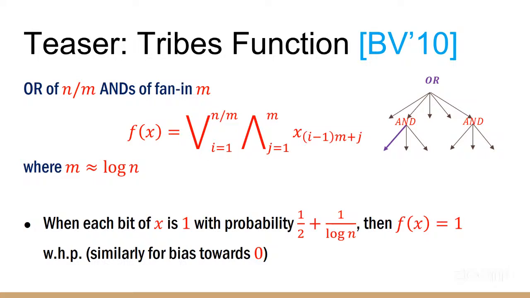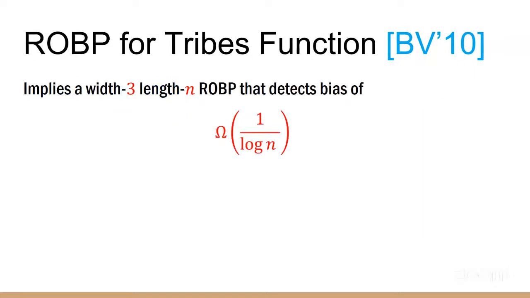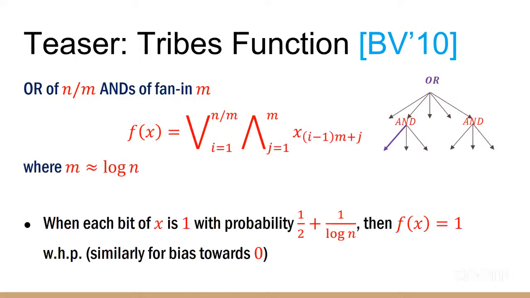That is, I'm giving you input bits with bias 1 by log n towards 1, and you're getting an output that is biased with constant bias towards 1. With this amplification property, you can also show that it can detect biases of 1 by log n. That means that if it was biased towards 0 with this probability, then it will give you output 0. So you are figuring out whether it's biased towards heads or tails.